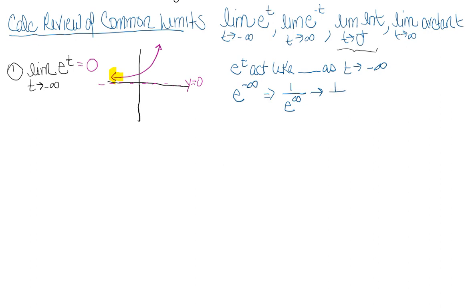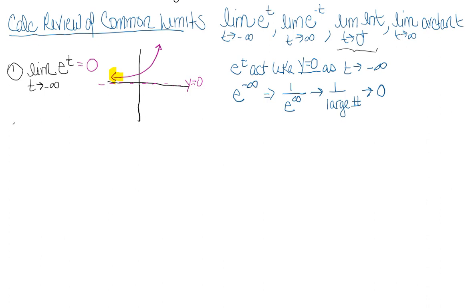So 1 over e to infinity is acting like 1 over a very large number. It's getting huge. And you know that 1 over a very, very large number, the larger that number gets, you're going to approach 0. So that's another way of thinking about it. So e to the t approaches y equals 0, or just 0, as t goes to negative infinity. So that's one way of thinking about it.